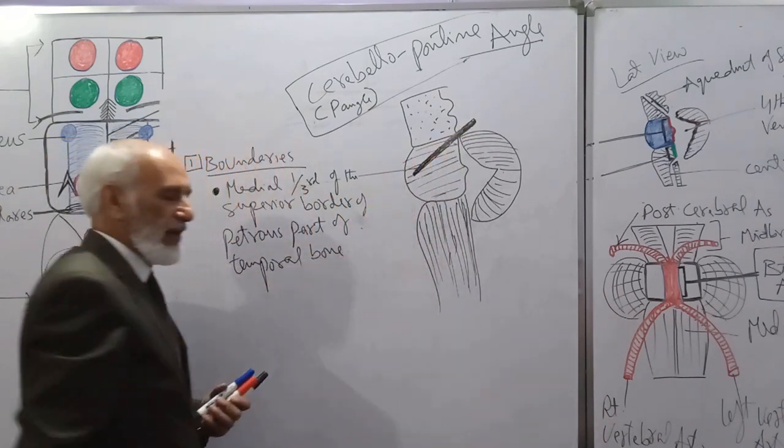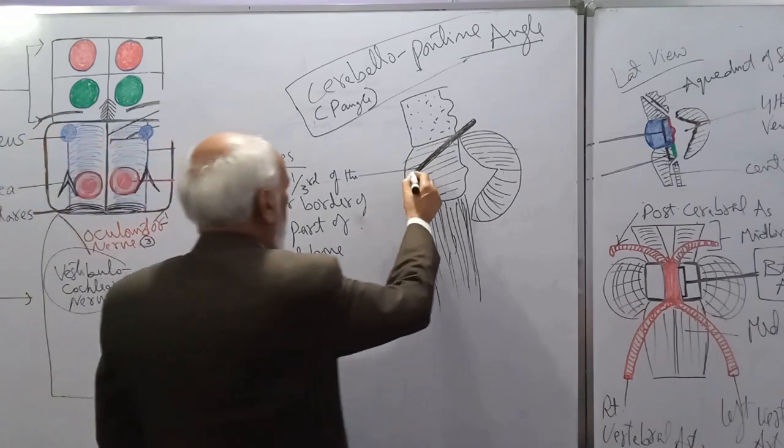This is the border of the petrous part of the temporal bone at this level.